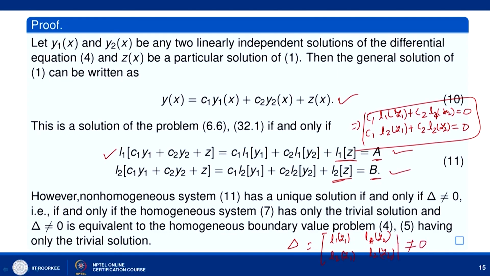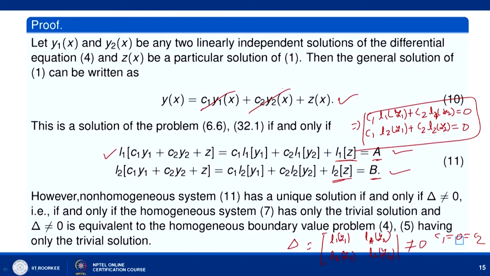So if this determinant is non-zero, then C1 = C2 = 0, a trivial solution for the homogeneous part. When you put in the trivial solution for the homogeneous part, it cancels and we have y(x) = z(x) as the only solution.